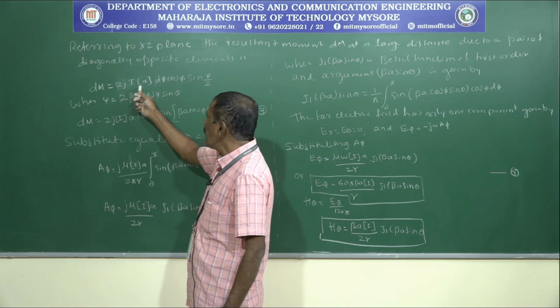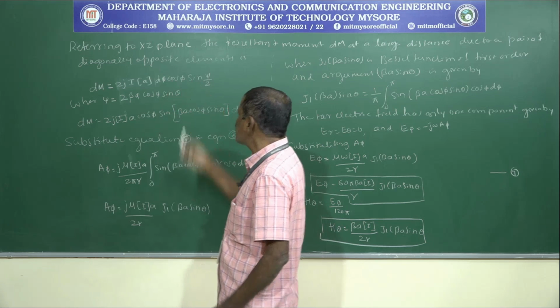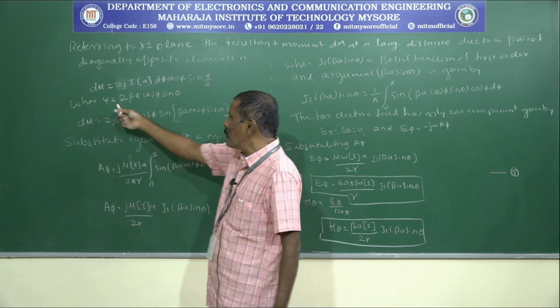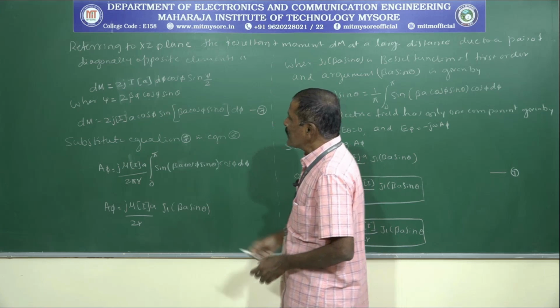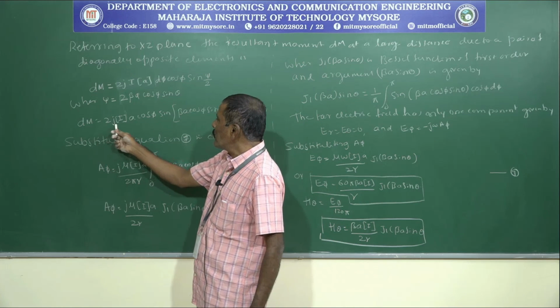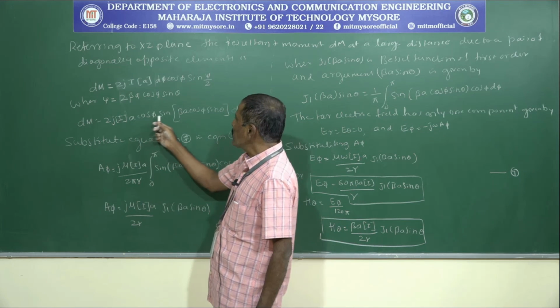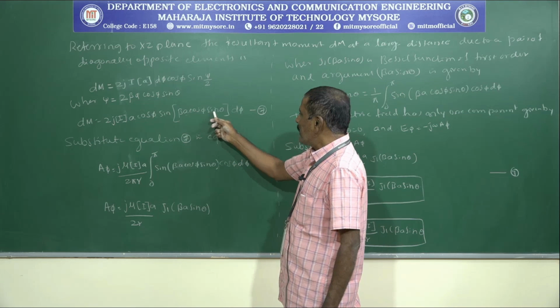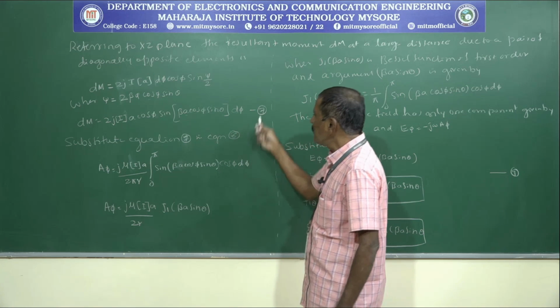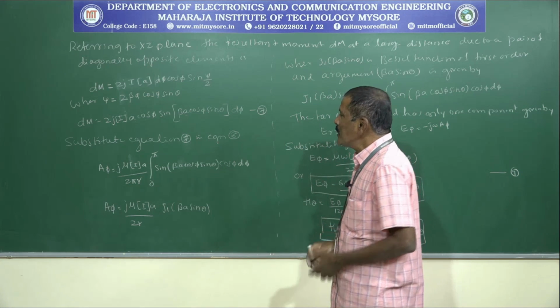Then dm is equal to 2j I of a into d phi cos phi sin of psi by 2, where psi is equal to 2 beta a cos phi sin theta. Therefore, dm is equal to 2j I a into cos phi sin of beta a cos phi sin theta into d phi, call it equation number 7.